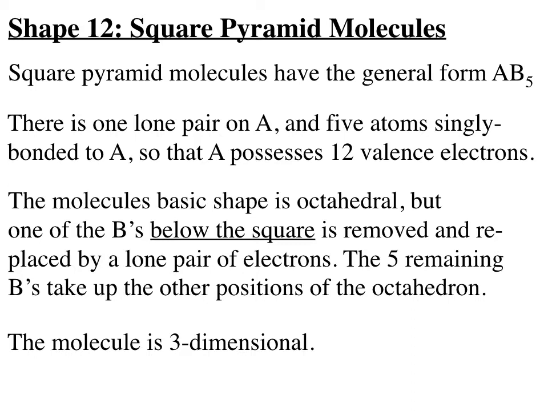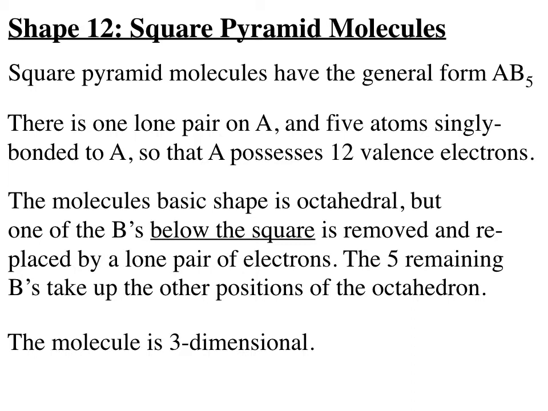So there really is no defining equatorial point at the outset of an octahedron. I can literally pop any of the B's off because any of them could be axial, any of them could be equatorial, depending on how I rotate the molecule.